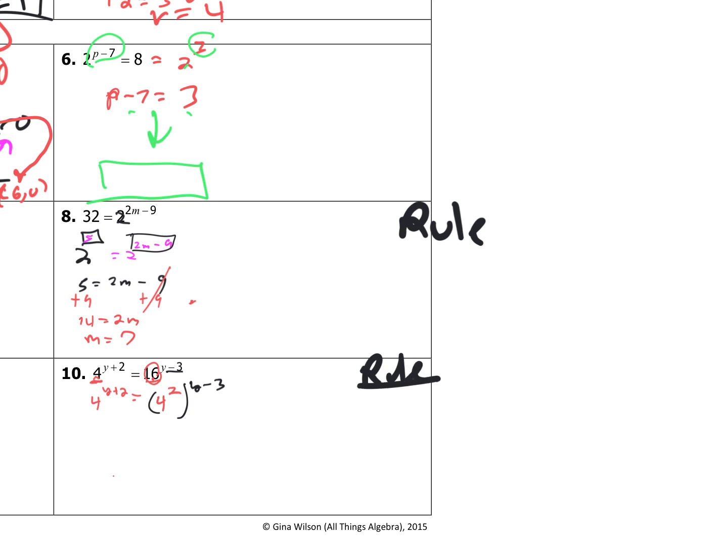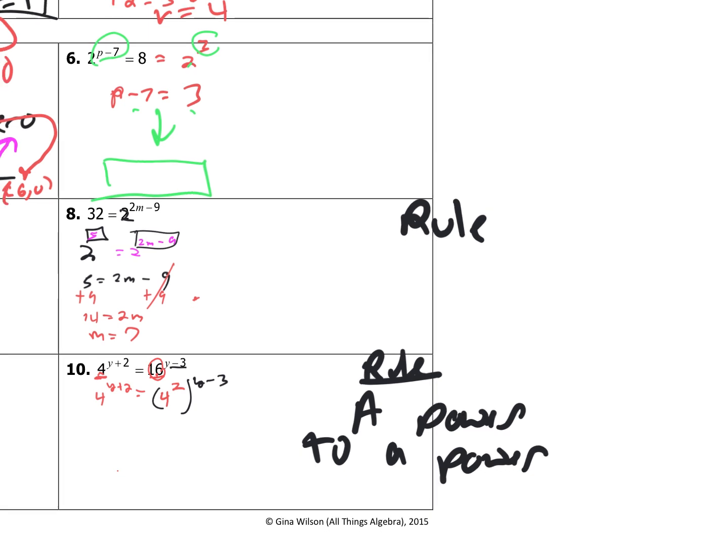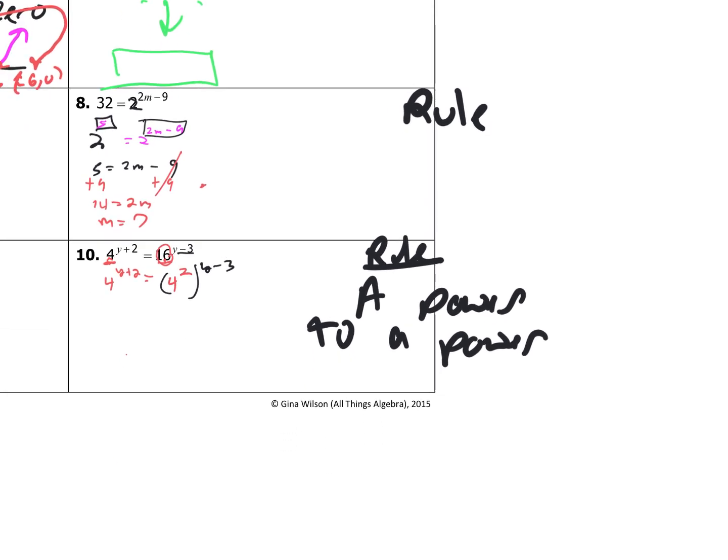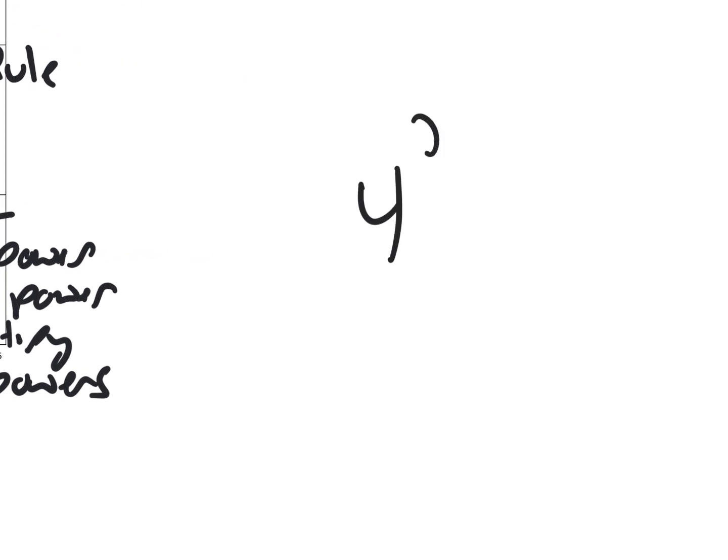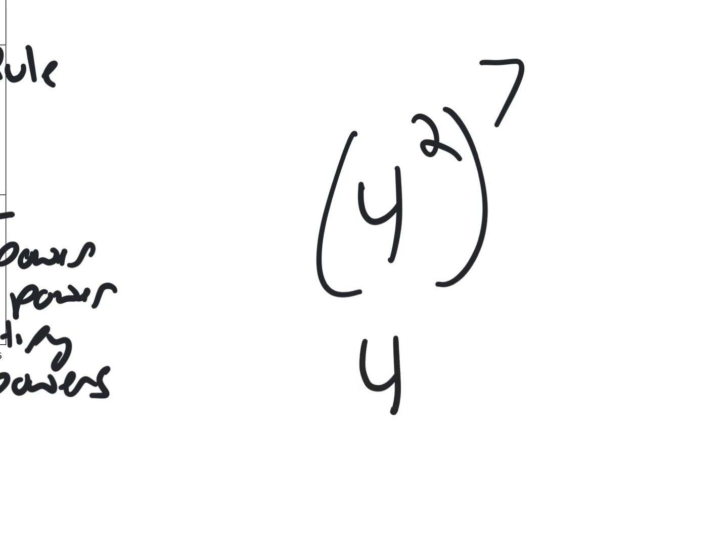That rule says a power, which means exponent, to a power, an exponent that has an exponent, we multiply the powers. Remember that rule? That looked like this, guys. 4 squared all to the 7th is 4 to the 14th, because you multiply.